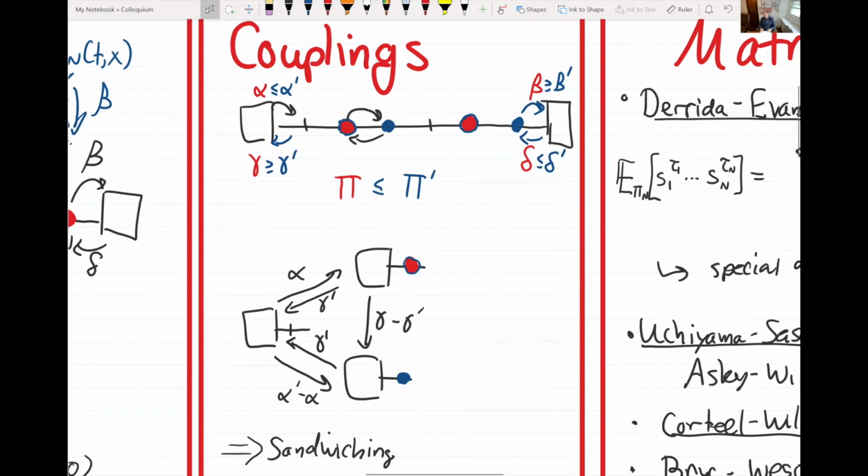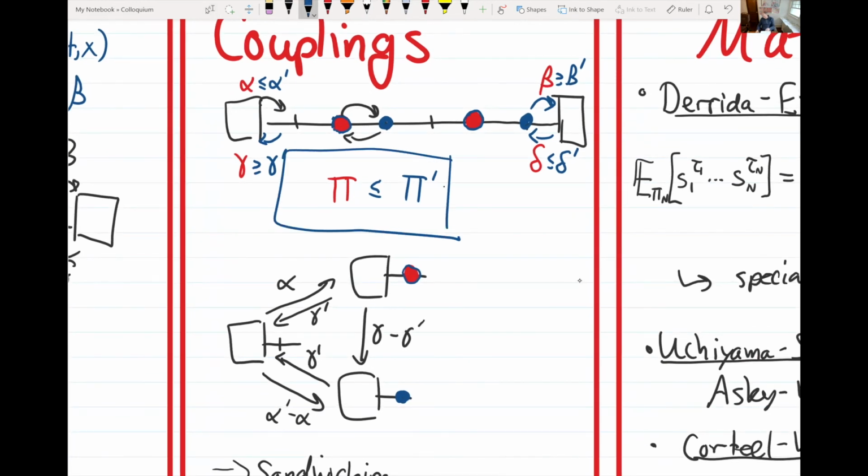What you can show is something like the stochastic sandwiching I was alluding to earlier. You can show that the invariant measure of the red system will always be less than or equal to that of the blue system in the following sense. You can put the two invariant measures on the same probability space in such a way that there will always be more blue particles per site than red particles.